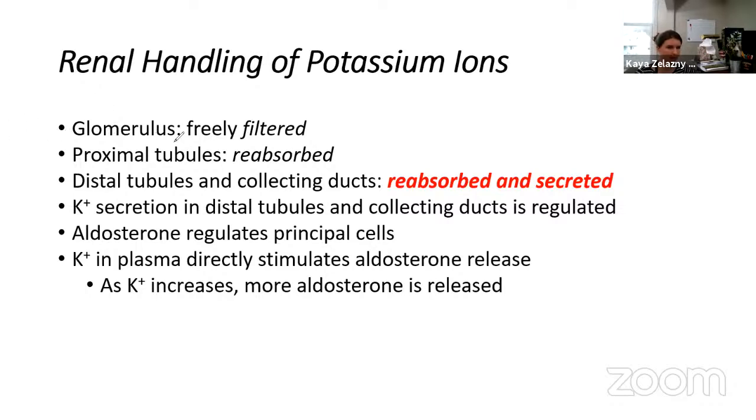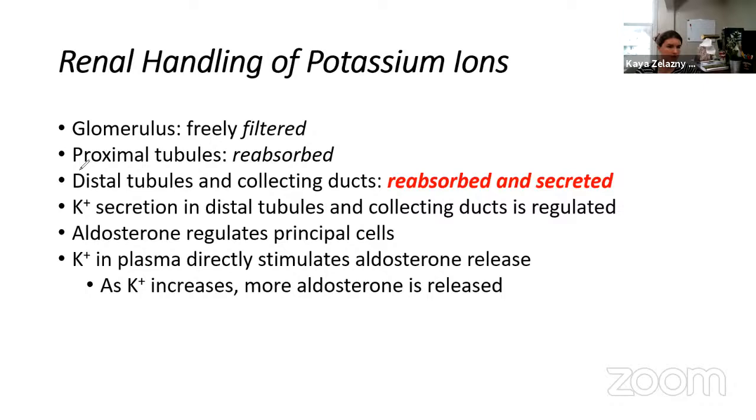So in the glomerulus, everything is freely filtered, right? That's just the role of the glomerulus. The only things that don't get filtered freely at the glomerulus are proteins and red blood cells, right? So no surprise that potassium is freely filtered there.